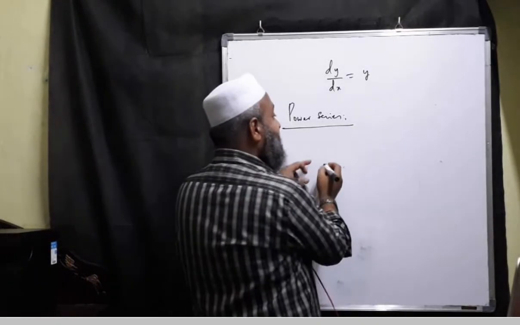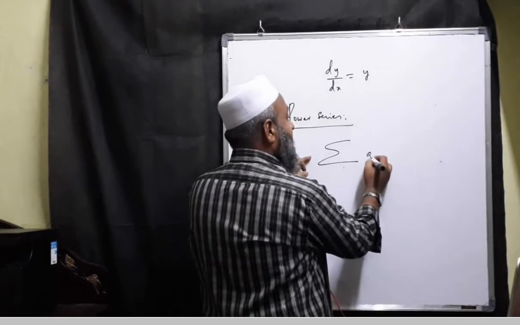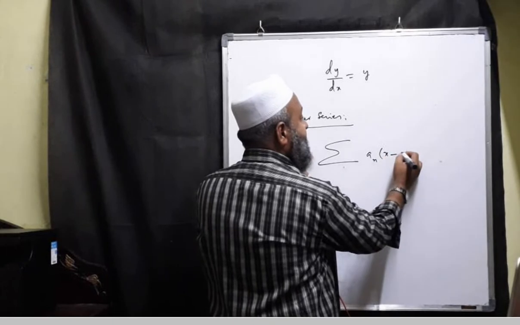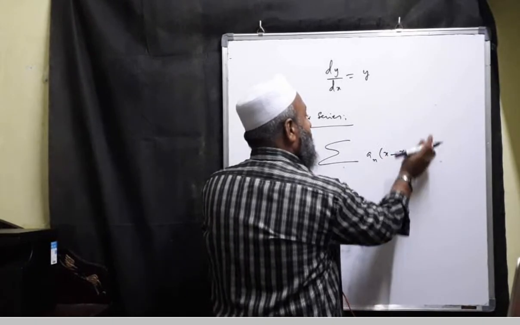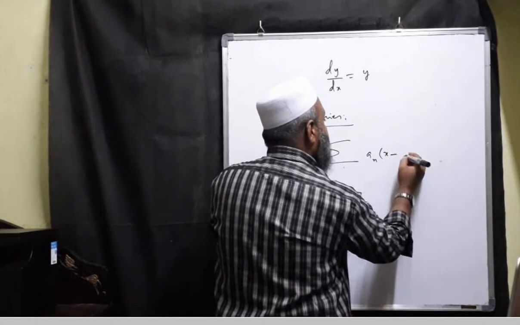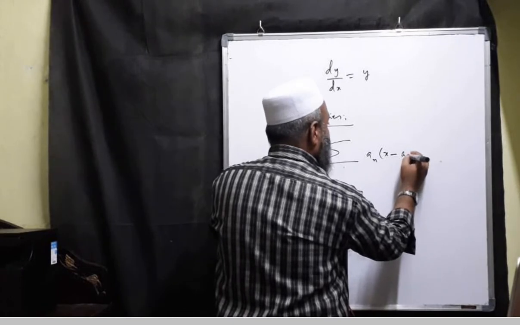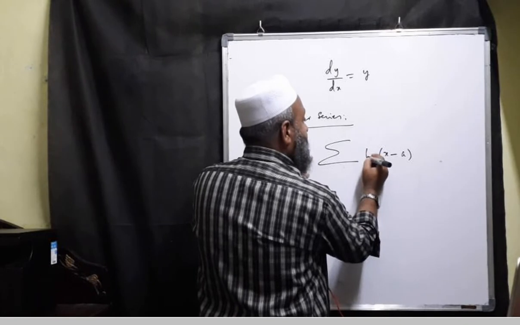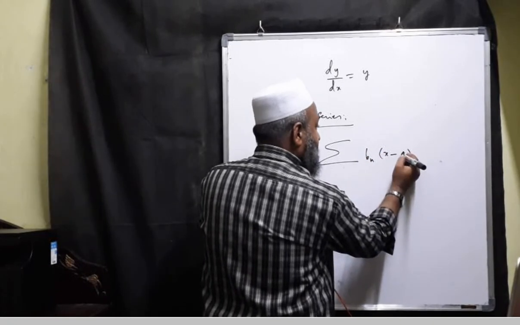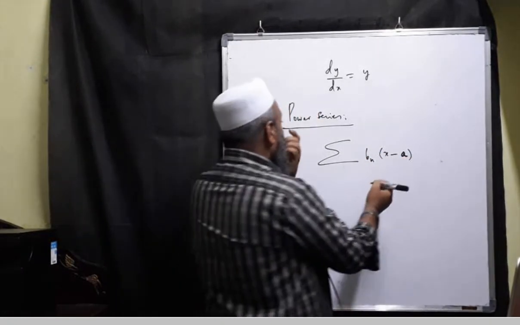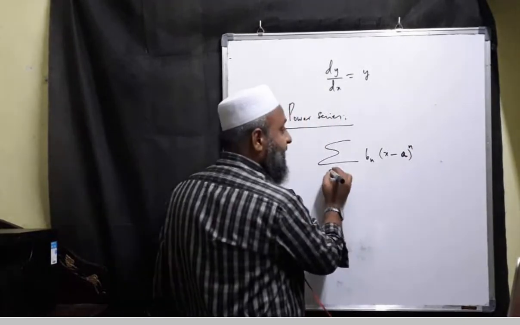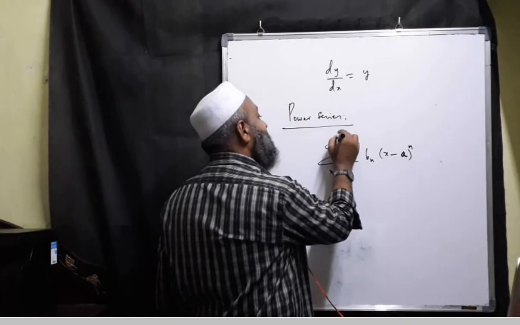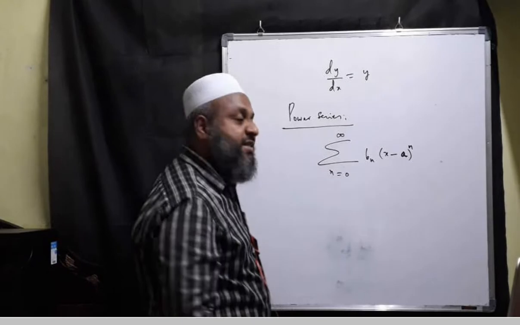A series of the form sigma b n into x minus a to the power of n, where n is running from 0 to infinity. What will be the expansion now?